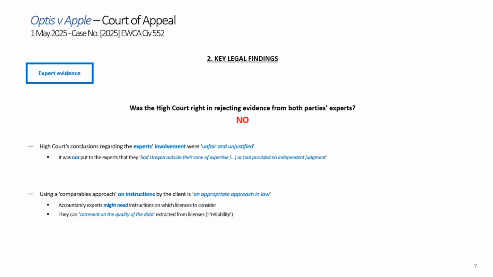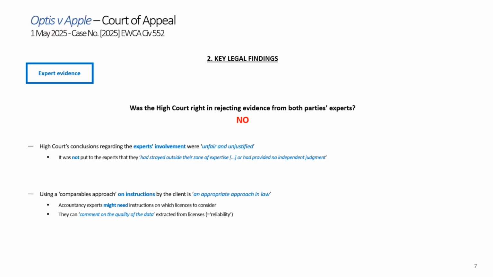So the court said the High Court was unfair and its critique on the involvement of the experts was unjustified because it had not really put to the experts these allegations that they are out of their zone of expertise or that they did not have an independent judgment. So it did not really confront the expert with these allegations, but just took them for granted.